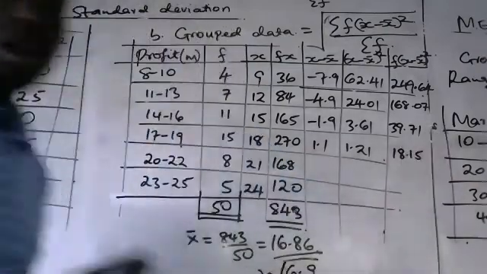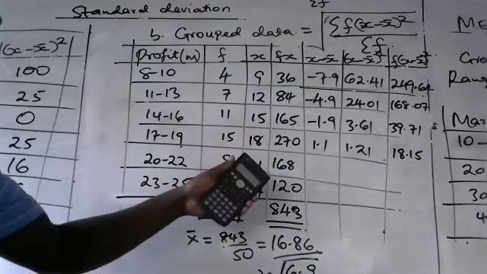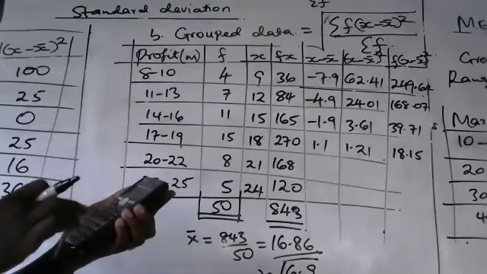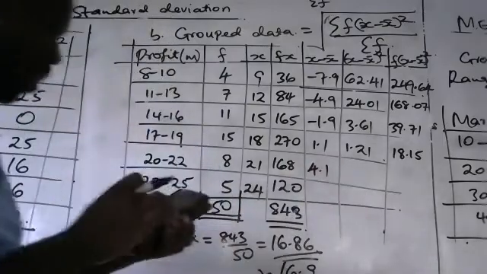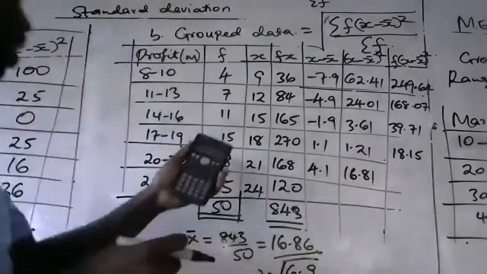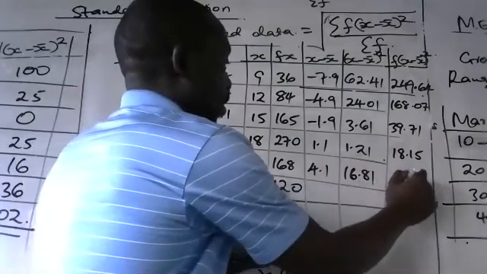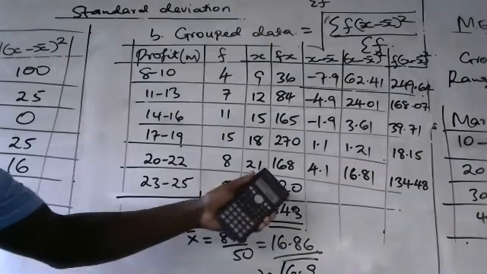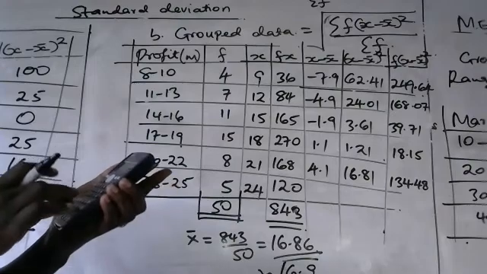You come to this next row where x is 21. We do 21 minus 16.9. You get 4.1, squared you get 16.81, times f, which is 8. You get 134.48. You go to the last one where x is 24 minus x bar, which is 16.9.